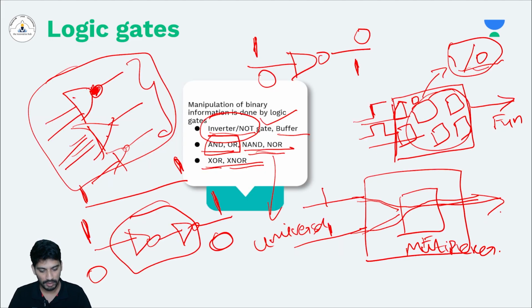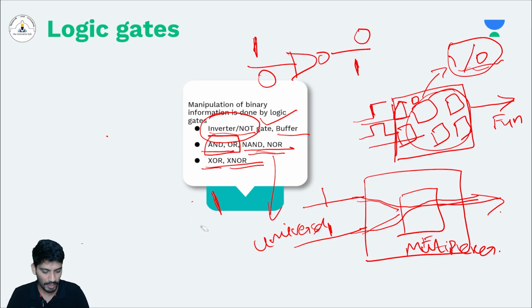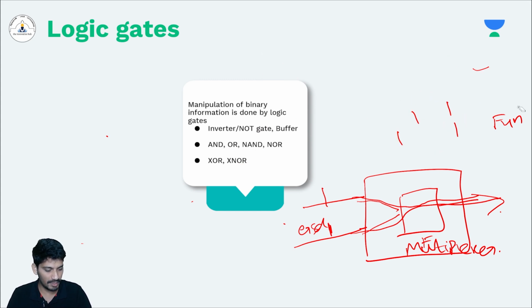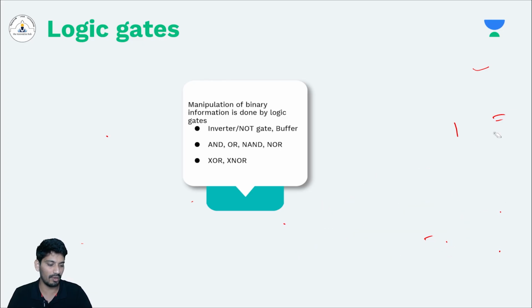In this slide itself, I will explain the purpose of AND and OR and NAND and NOR. I think you are all familiar with the truth tables, symbols, all these things, right? So let me directly draw the truth table of AND, OR, NAND and NOR.